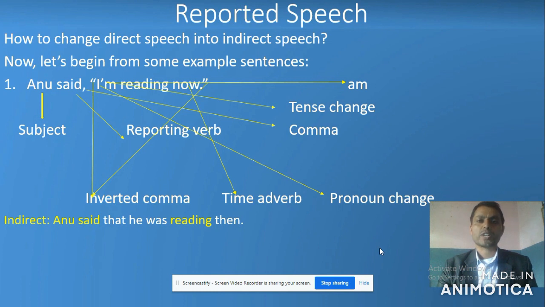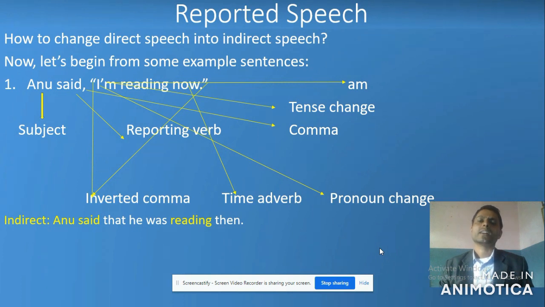English reported speech. If somebody speaks, we have to report it in direct speech as well as in indirect speech. So we report somebody's speech, somebody's statement, in two ways.